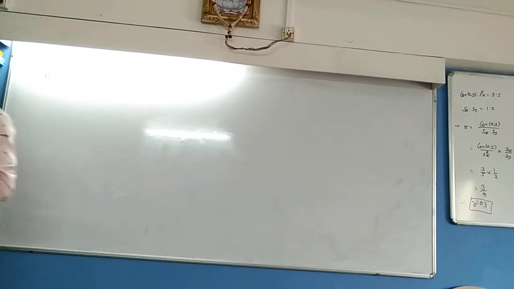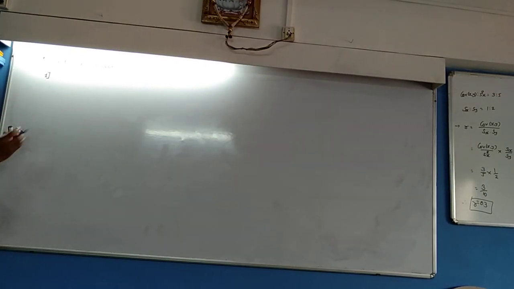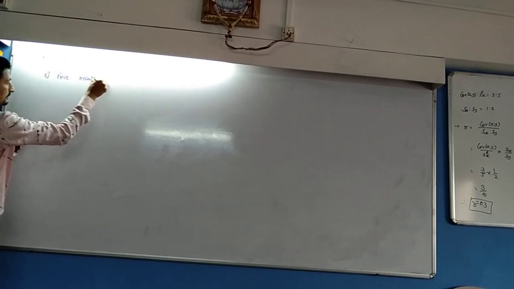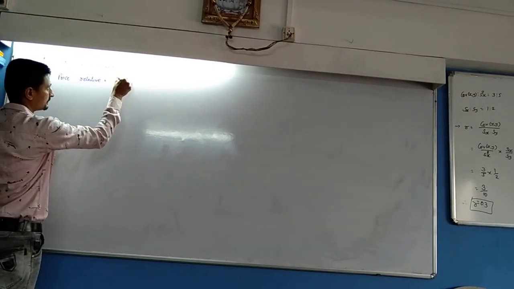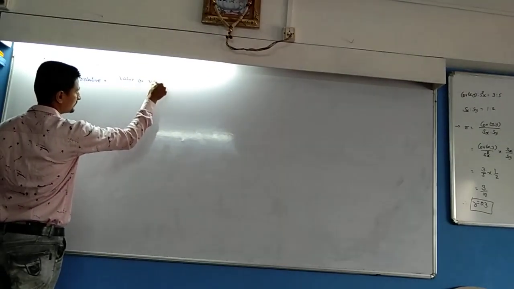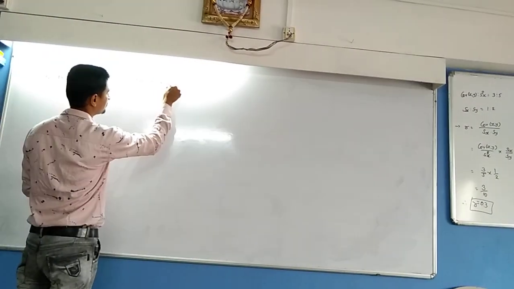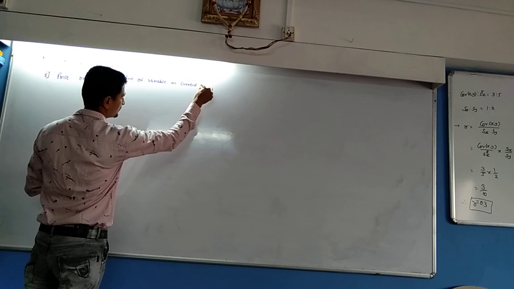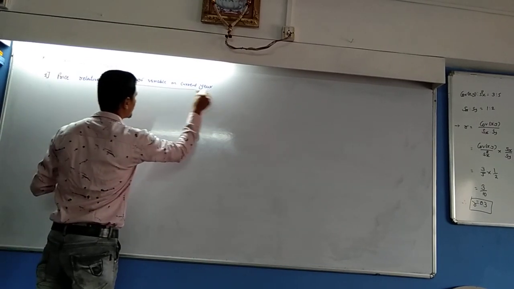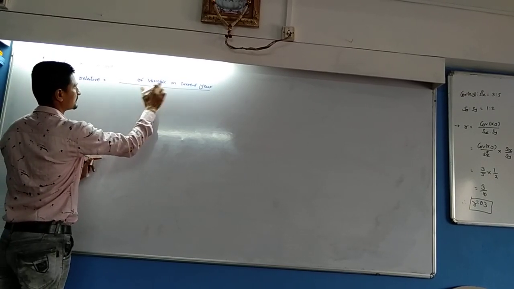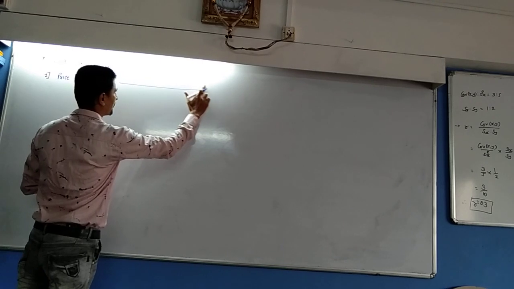Price relative is the value of the variable in the current year, that is, the price of the current year divided by the price of the base year.